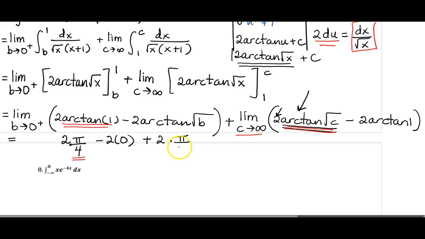So we have 2 times pi over 2 right there, and then minus 2 arctan of 1. Arctangent of 1 is pi over 4. So our first term and our last term are going to cancel each other out in this integral, leaving us with simply 2 times pi over 2, which is equal to pi.